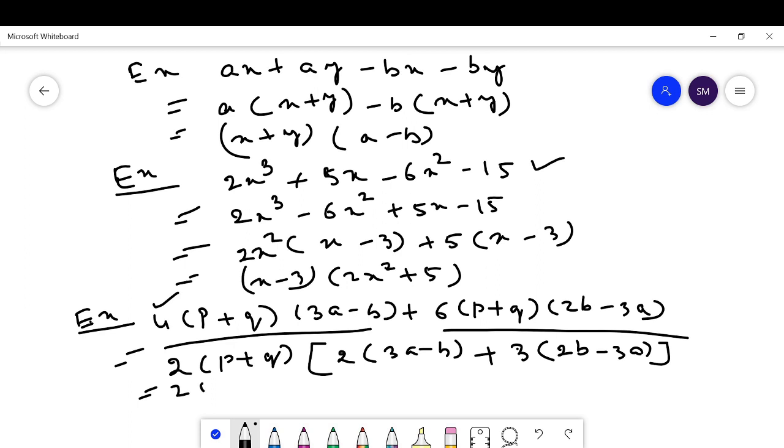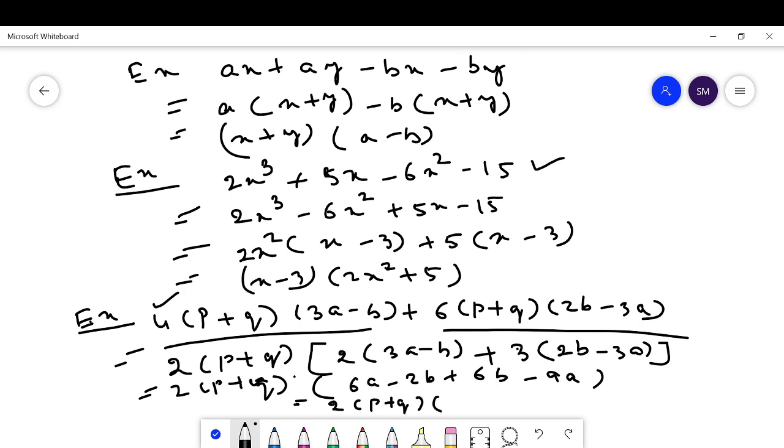Then here 2 into p plus q, then open the bracket: 2 into 3a, 6a, minus 2b, 2 into 3 into 2b, 6b, 3 into minus 3a, minus 9a. Then this is 2 into p plus q. Then 6a minus 9a, this is minus 3a, minus 2b plus 6b, this is plus 4b. This is the factorization of these given algebraic expressions.